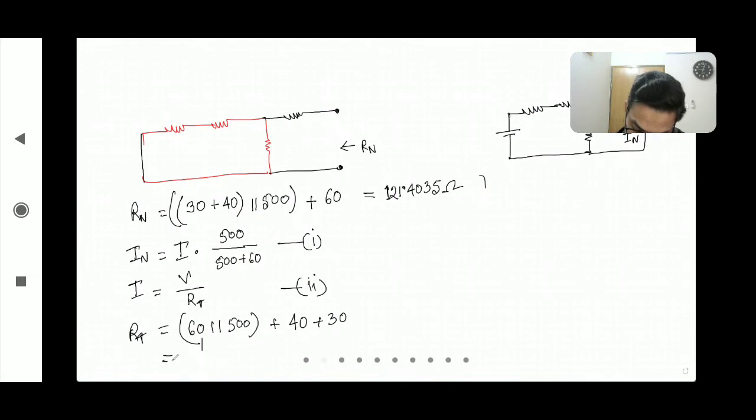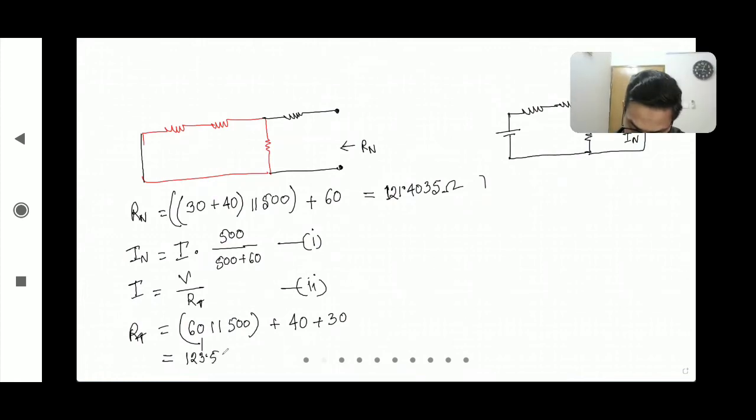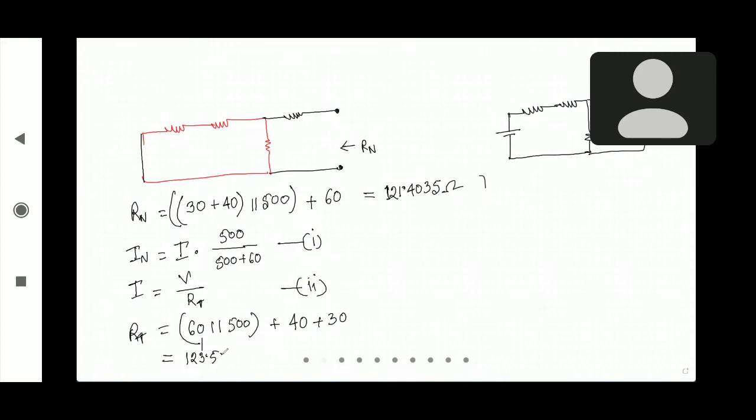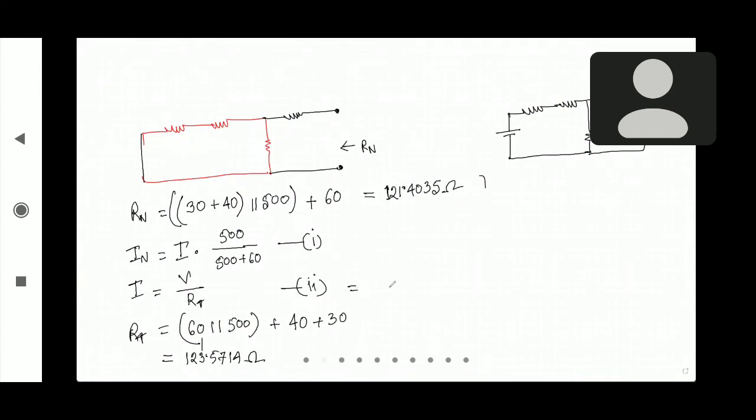Yes, sir. What is the value of RT? 123.5714. Then what will be the value of I?